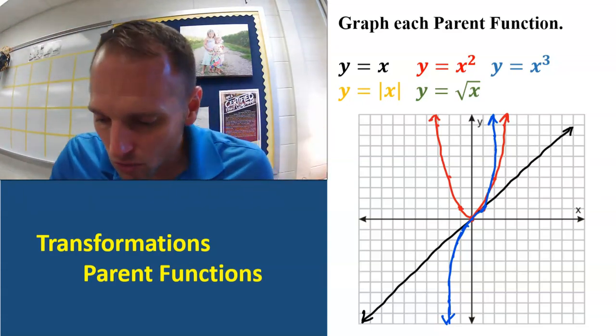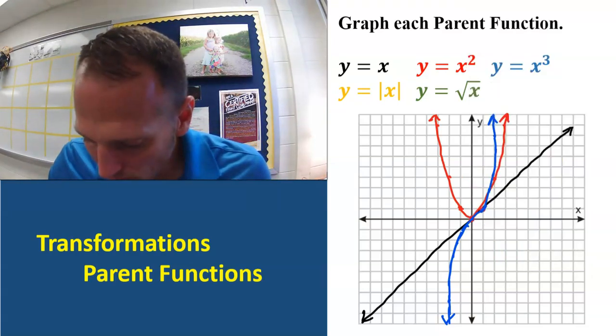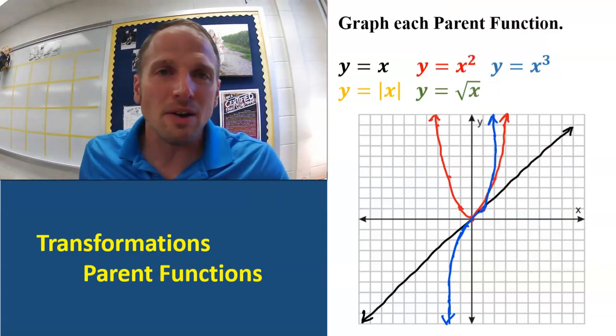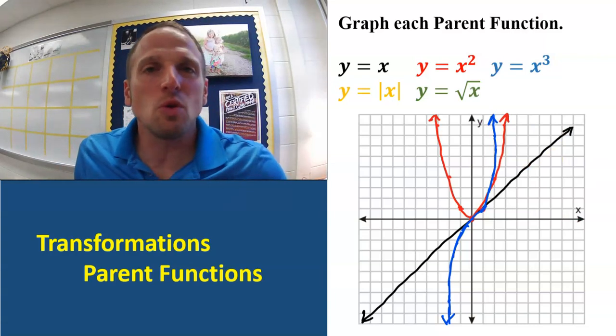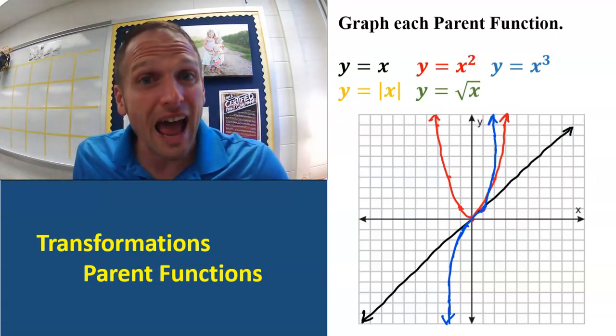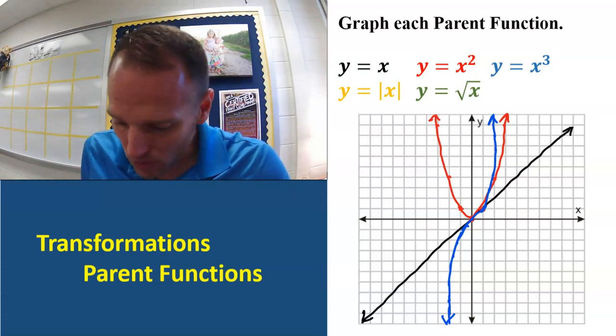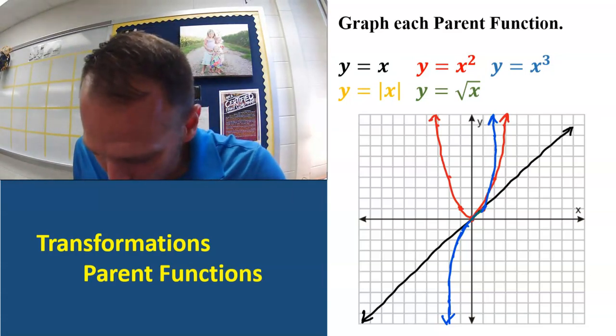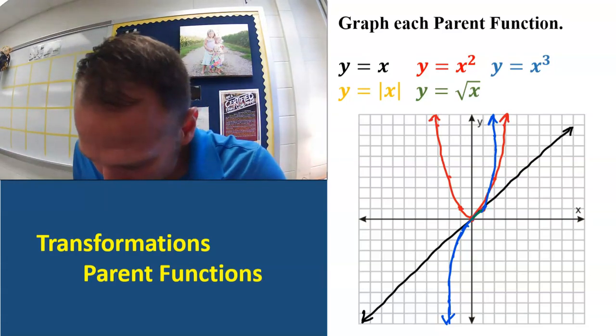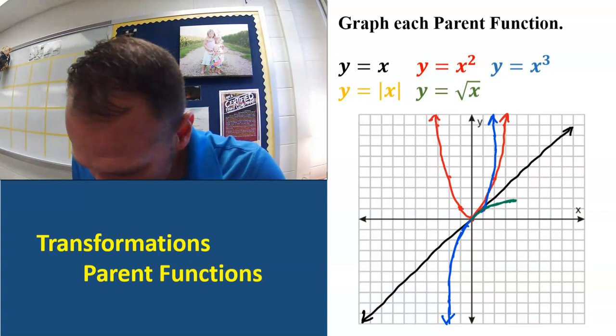Now I'm going to graph the green one. To stick with this pattern, maybe you'll get this, maybe you won't, but a square root is actually an exponent of a half. And the square root function looks like this.